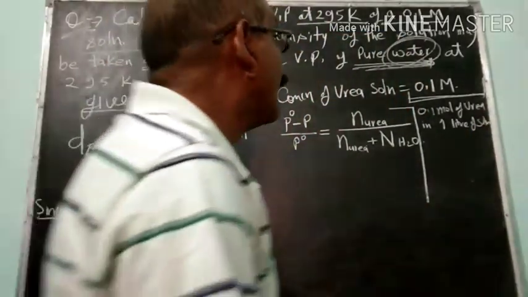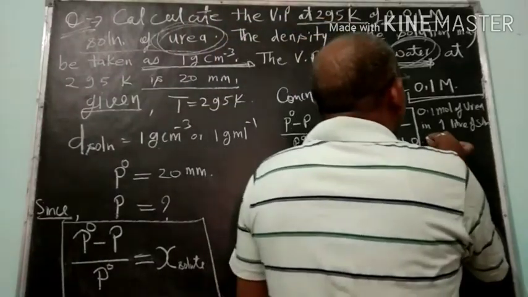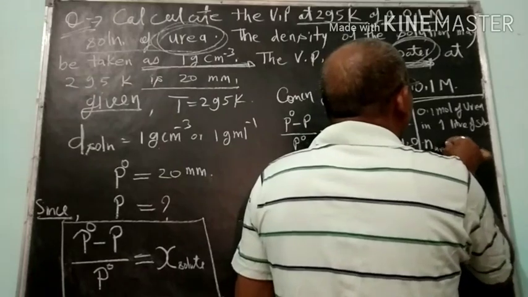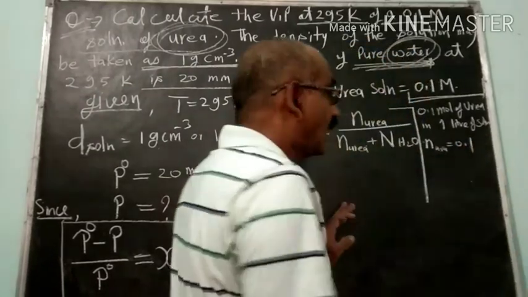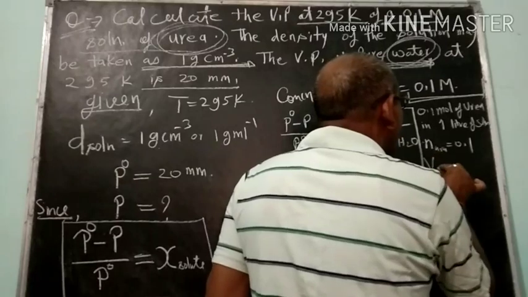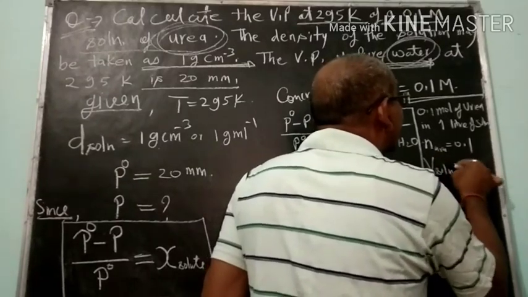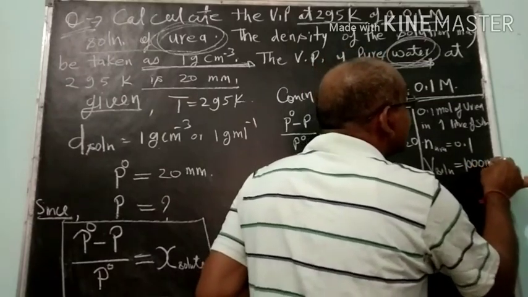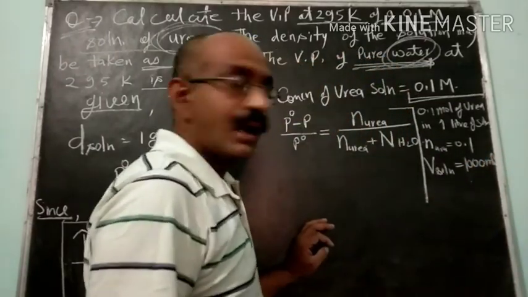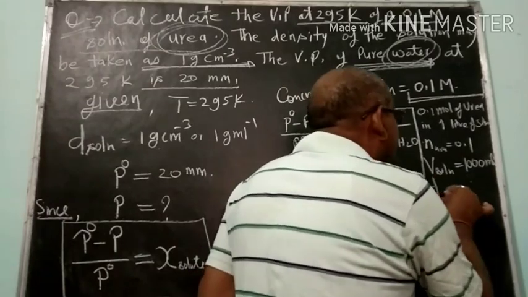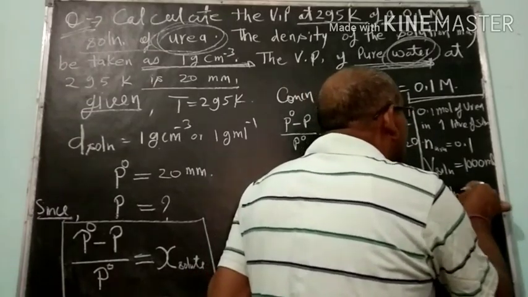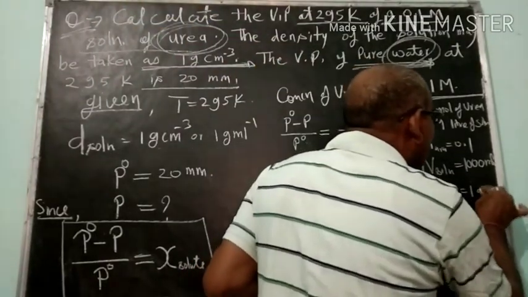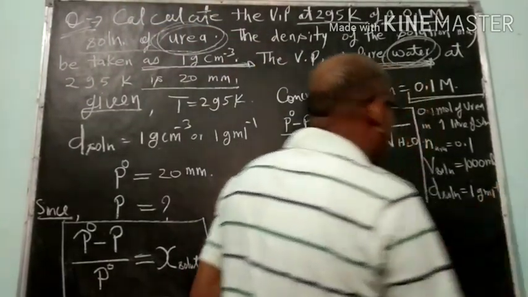Means here the number of moles of urea is 0.1, and the volume of solution is how much? 1 liter, means it is 1000 ml. And you know the density of the solution is also given. It is 1 gram per ml.